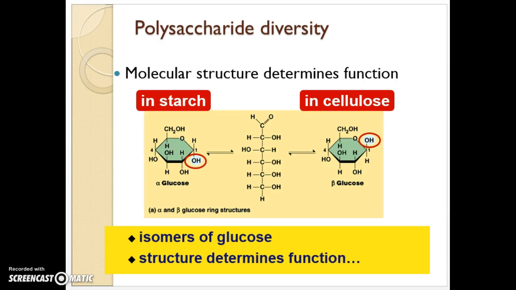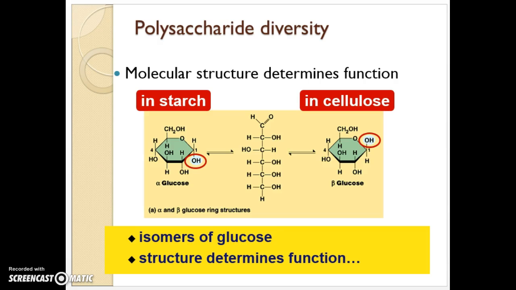So polymers built with alpha glucose, which are the starches, take a helical structure, and polymers built with beta glucose form a straight structure, which is interesting because if again you think of the different functions of these two polysaccharides, it actually makes sense for the beta glucose to form a straight structure if it's a structural polysaccharide.